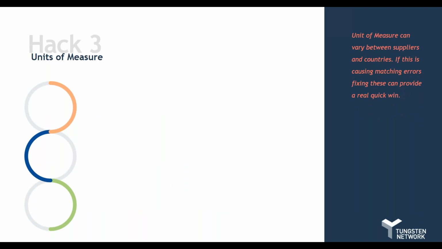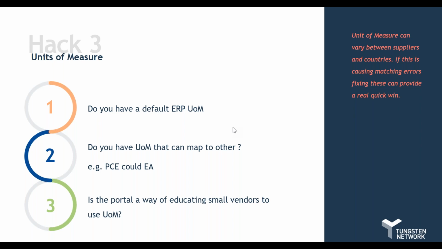Now, on to hack 3. This is probably one of the banes of my life, especially when we go in to see a lot of people. The fact is, I still go in and see people who cannot process invoices, who are having to make changes to invoices for issues with unit of measure.